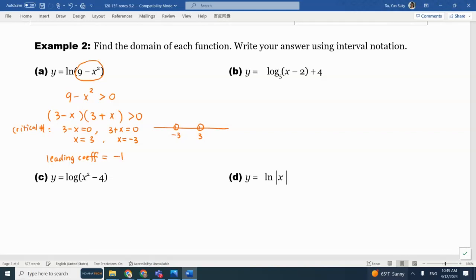Minus 1. Then you start from the top or bottom? Bottom. Okay. When you go to 3, 3 corresponds to 3 minus x. What's the multiplicity? 1. So we cross or bounce off? Cross. How about negative 3? Cross. And this is plus, this is minus. We are looking for positive or negative? Positive. See this piece. So what is the interval notation? (-3, 3), exactly. So this is the domain.